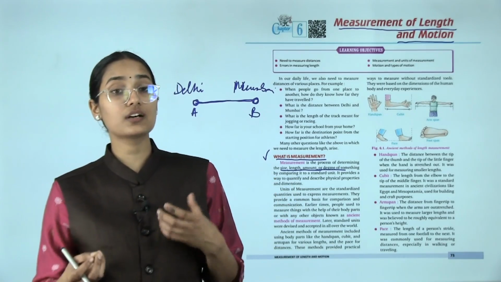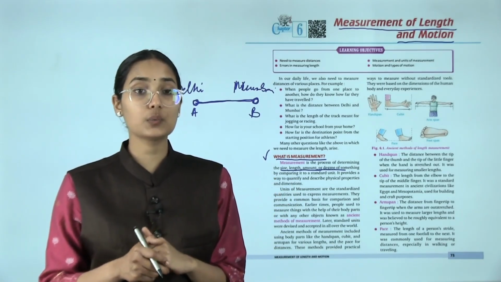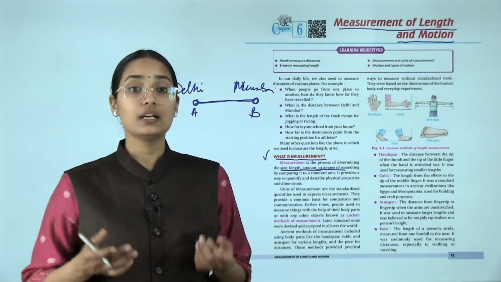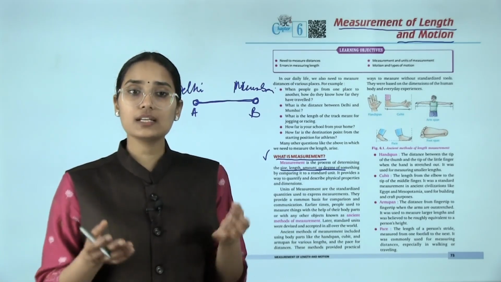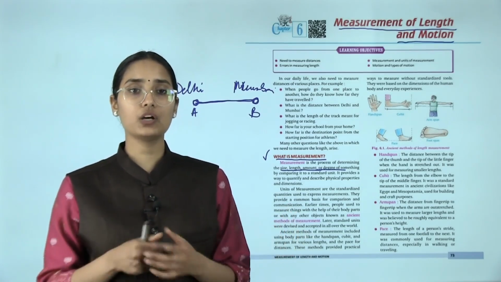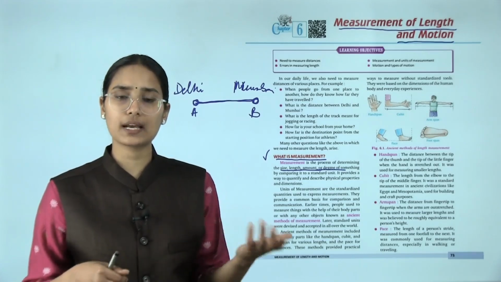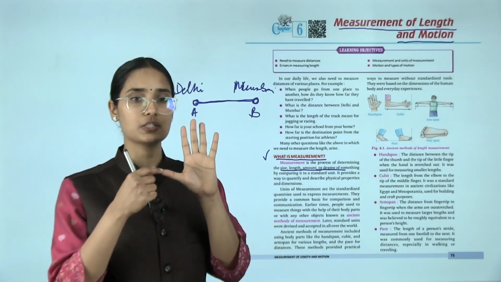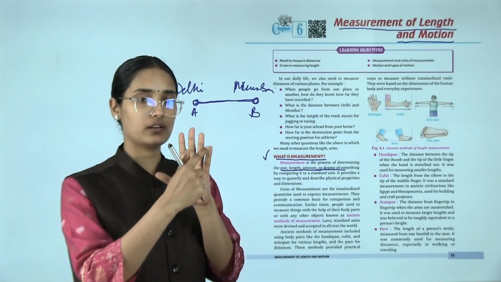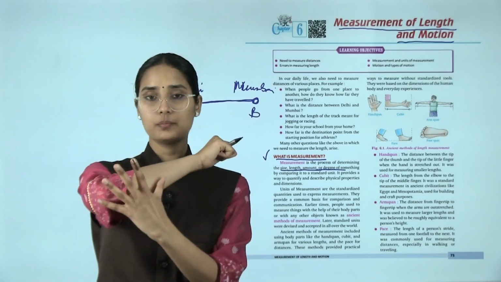These were the objects used to measure things, but they were not standard. Later, standardized units were devised and then accepted across the world. Ancient methods of measurement included using body parts like the handspan. For example, this is a handspan, from here to here. So I can measure my arm with my handspan.